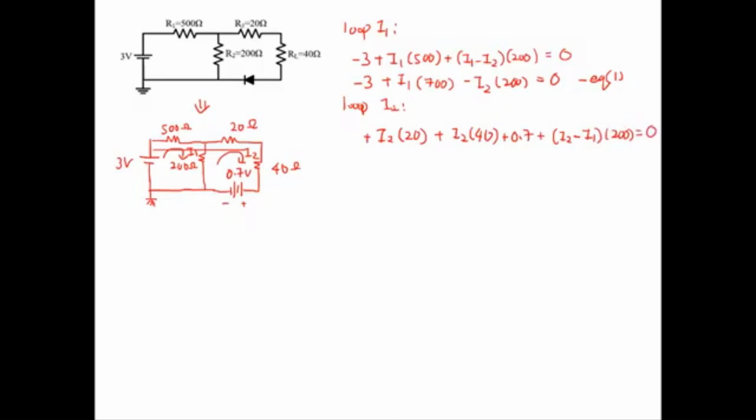When you simplify this KVL, what you should get is 0.7 minus I1 times 200, and then plus I2 times 220, equal to 0. This is equation number 2.